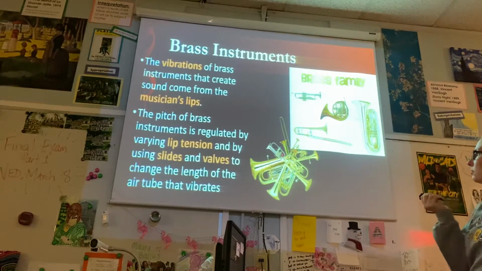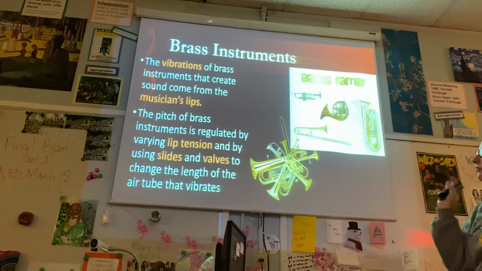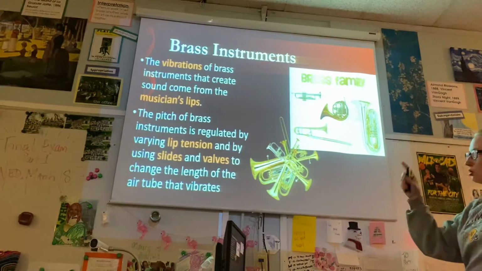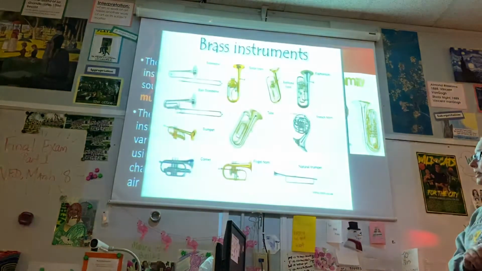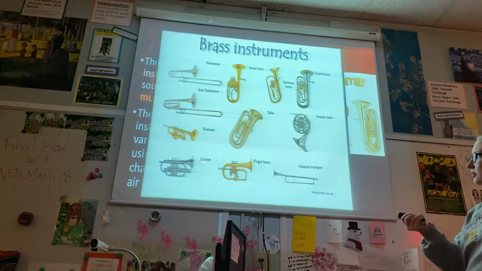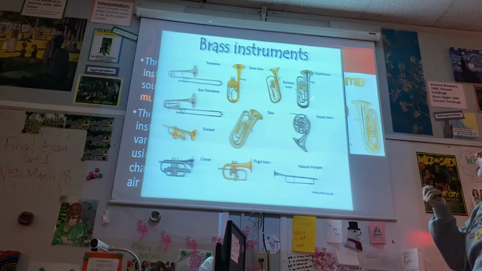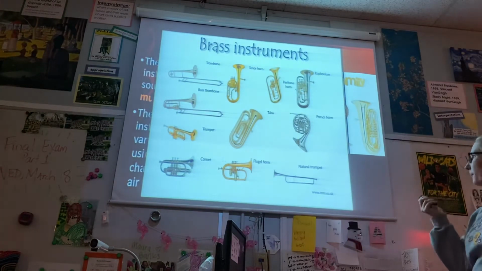So using their lip tension, they blow through the little holes right here and then press on the little buttons, and then that varies those valves and slides and changes the air tube that makes the pitch of the instrument go up and down. Need to know cornet, French horn, and euphonium. All the band kids get mad when I say this, but it looks like a small tuba, okay?